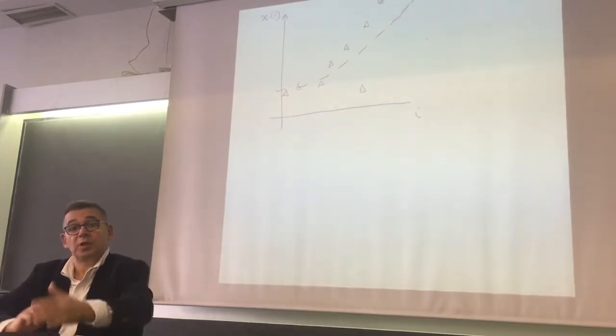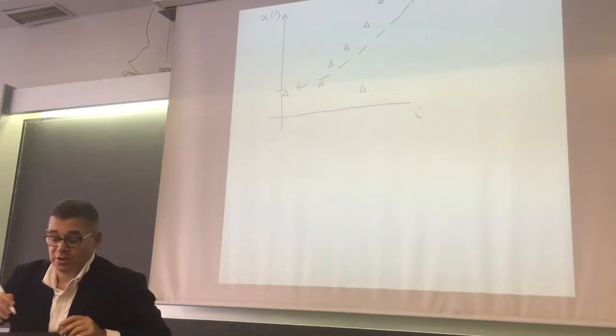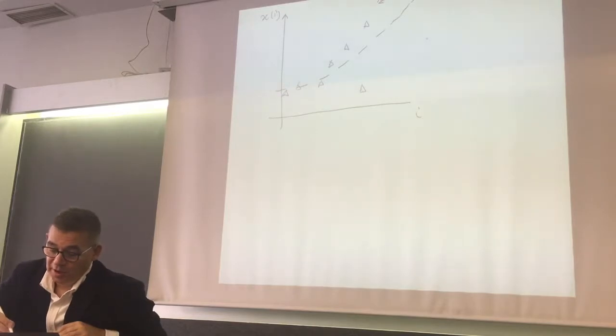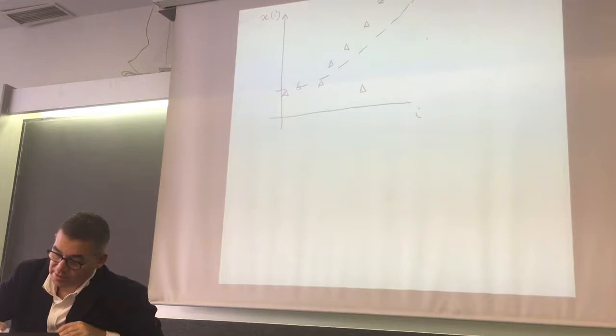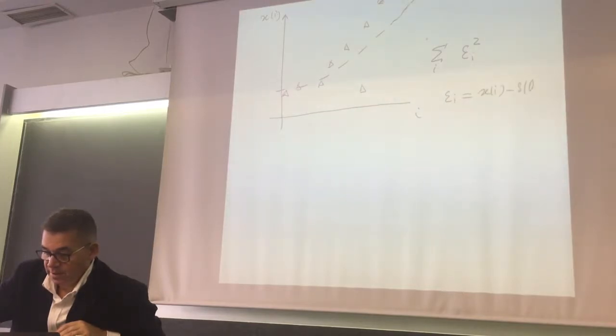The reason is that in the least square function, you have a sum on every sample, then you have error i squared, where error i is xi minus s theta.